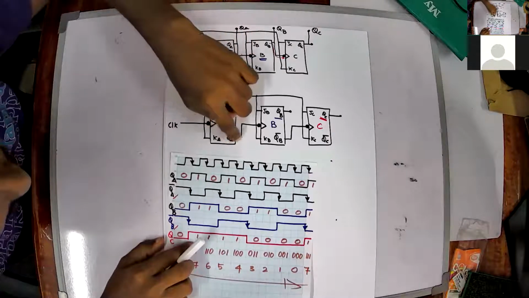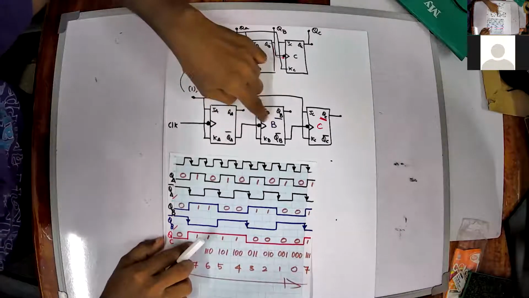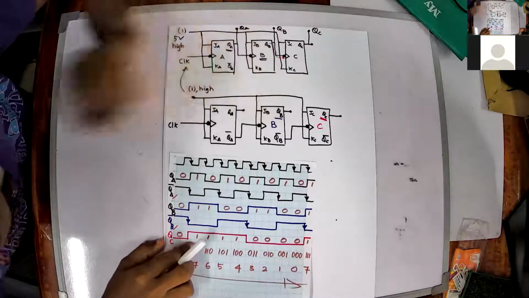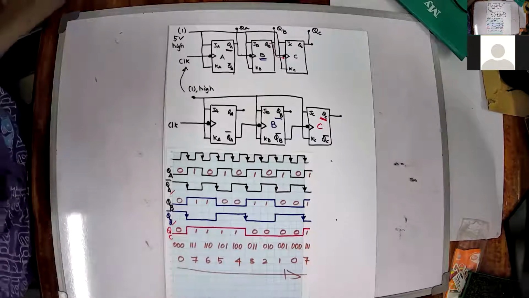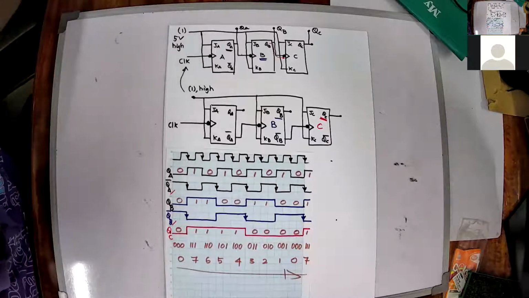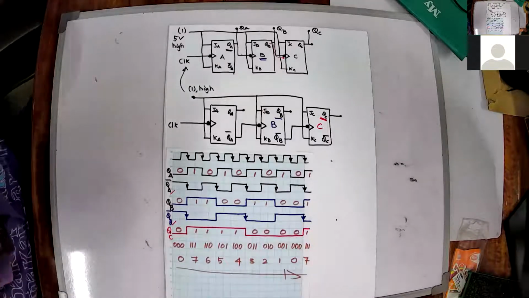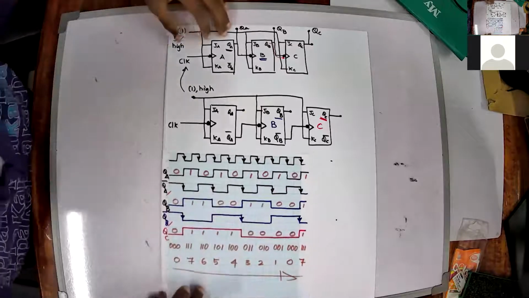If you give QA bar to the clock of the next level of flip-flop, that becomes a down counter. Clear? So that's the basics of up and down counters.